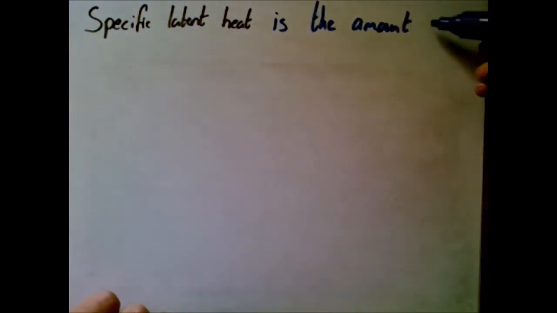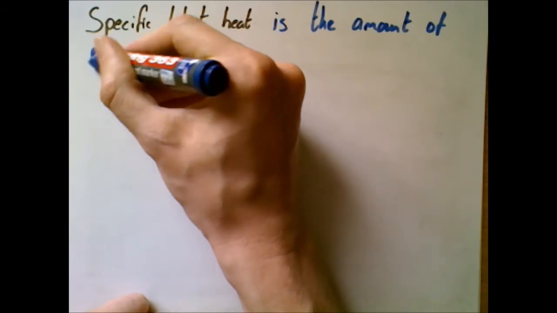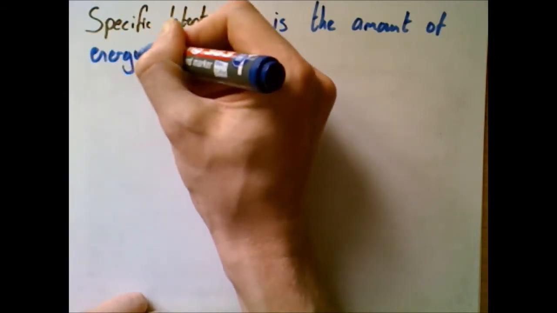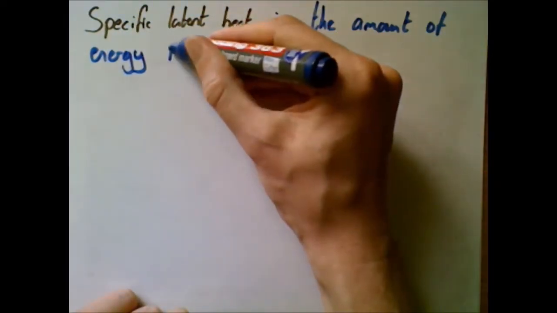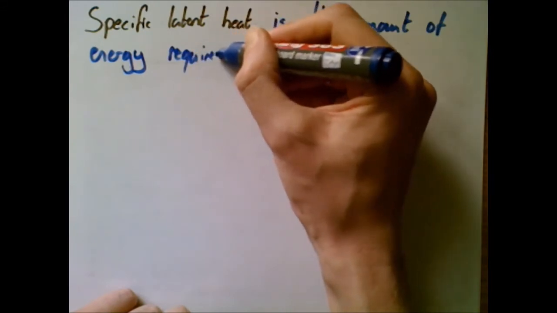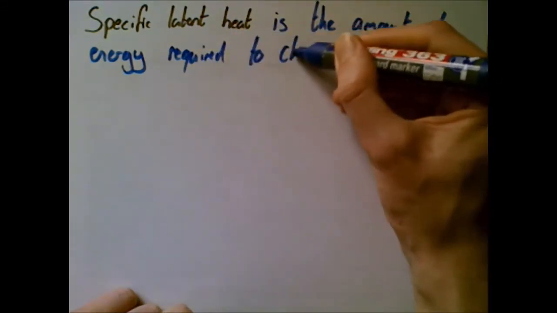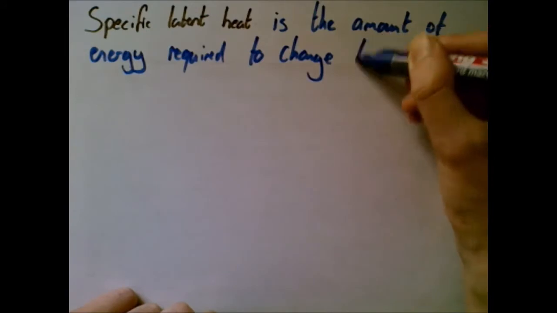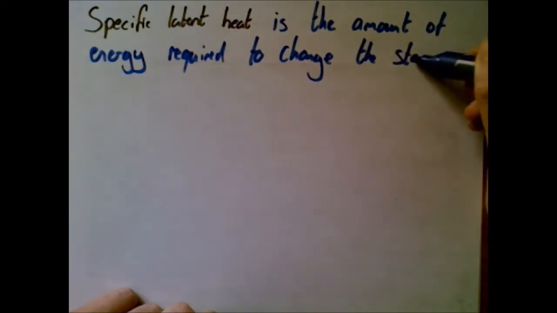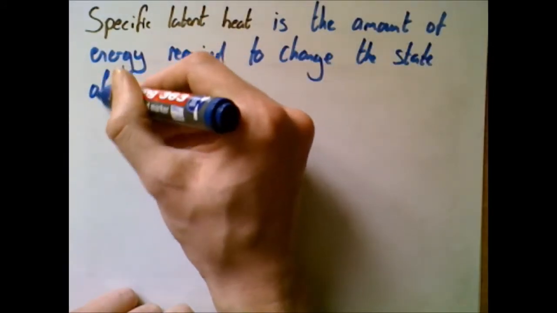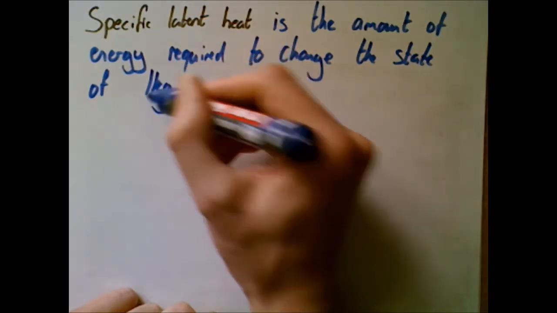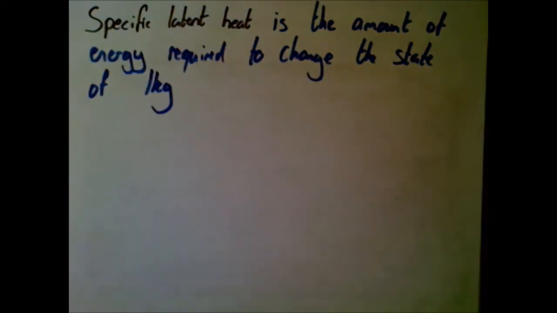We said a minute ago that the amount of energy in general is just called the latent heat. So the specific latent heat is the amount of energy required to change the state of just 1 kilogram. That word specific in physics and science does mean per kilogram.